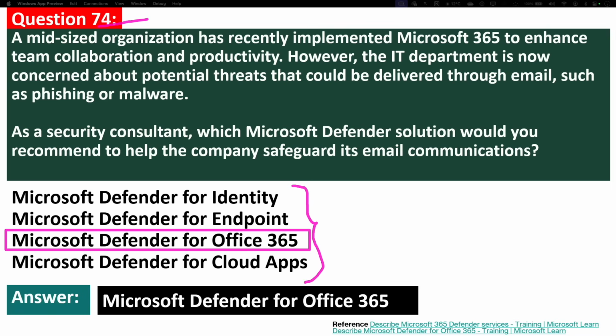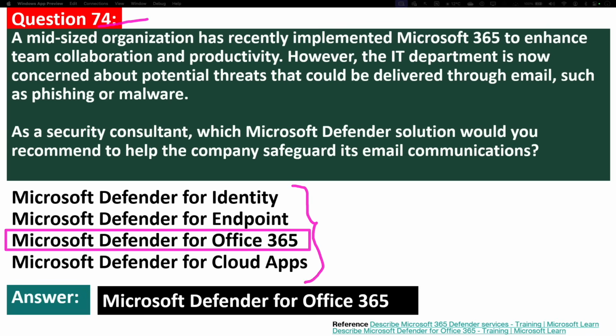Some of the key benefits of Defender for Office 365 include protection against advanced threats, real-time detection and response, Safe Links and Safe Attachments, threat investigation and hunting, and integration with Microsoft 365. Some of the most common use cases include email protection, collaboration security, and incident response.